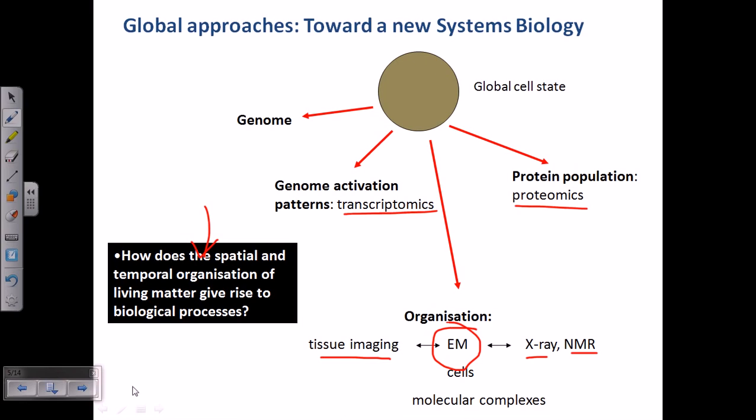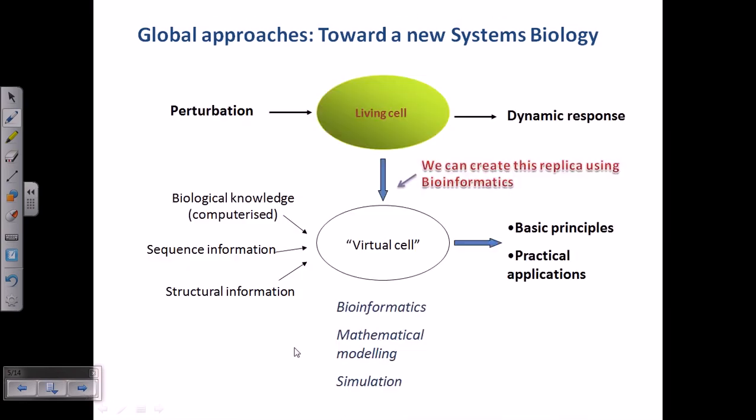Now again, bioinformatics is definitely not doing anything in the real world. It is creating a virtual image of our living system. So if we look at the living cell, from the perturbation of a living cell, what we get is a dynamic process. Everything happening inside the cell is dynamic in nature: proteins are there, RNAs are there, DNAs are there, and they're interacting with each other.